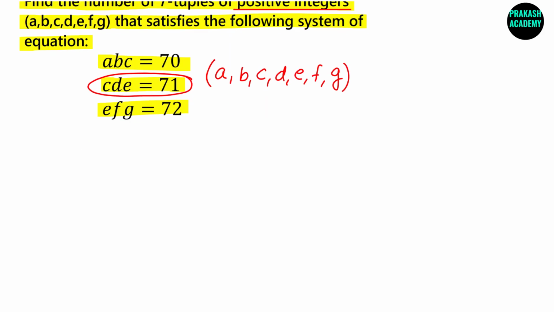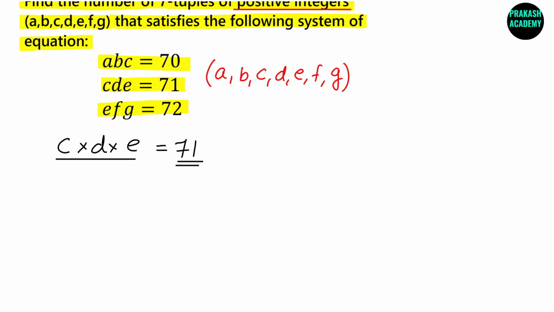So if you consider this equation, c times d times e is equal to 71. We cannot have any other factor for 71 because this is a prime number. So how can we get 71 if I am multiplying 3 numbers? This is only possible as 1 into 1 into 71.